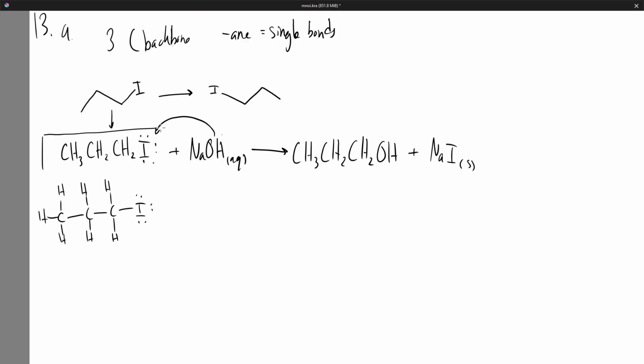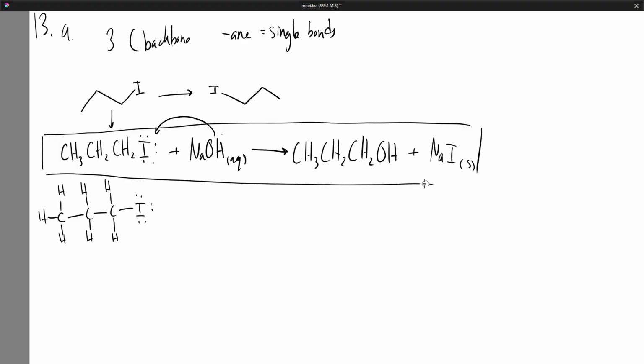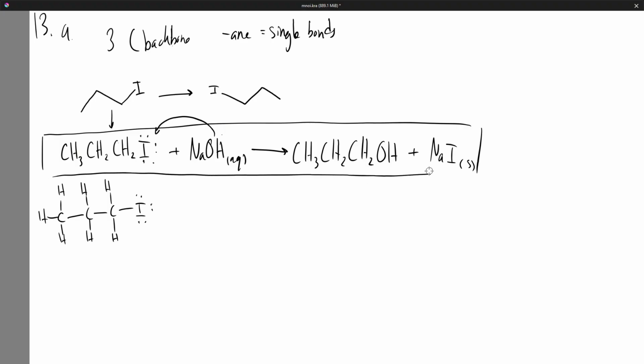So this is the valid answer for that. It's basically like a glorified chemical reaction. All of this stuff right here is basically filler. The only interesting part is what happens at the ends here.